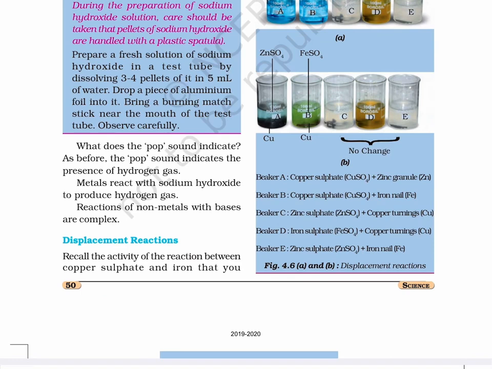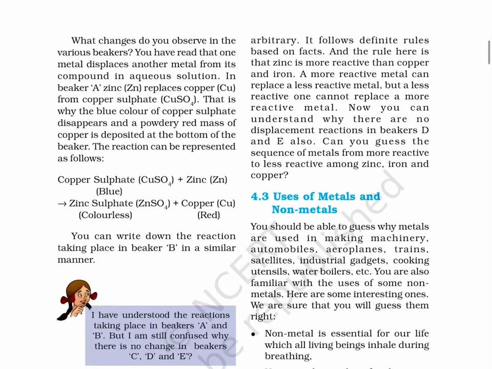Beaker D. Iron sulfate FeSO4 plus copper turnings Cu. Beaker E. Zinc sulfate ZnSO4 plus iron nail Fe. What changes do you observe in the various beakers?